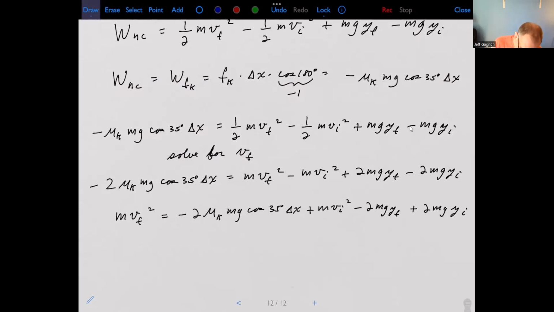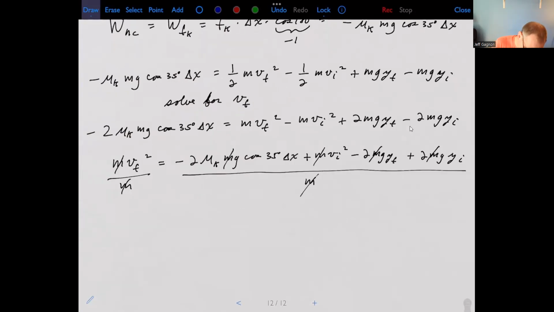Now I'm going to divide both sides by m. All the m's will cancel, right? They're in every term, so I can factor it out and divide. Then finally, I can take the square root of both sides.